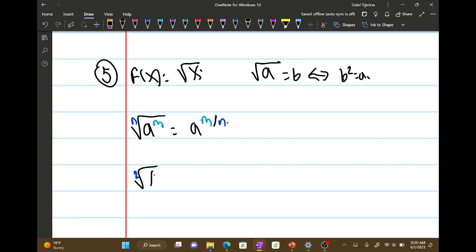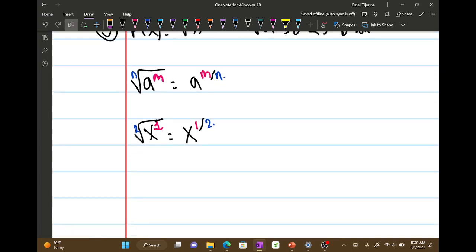So if I have x raised to some power 1, this is really x to the 1 over 2. Okay, actually, we'll just do this because I don't want to confuse anybody.